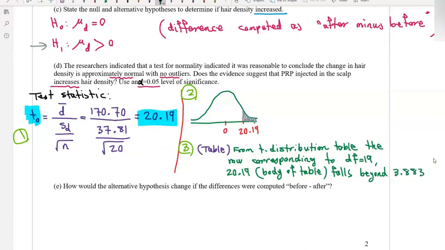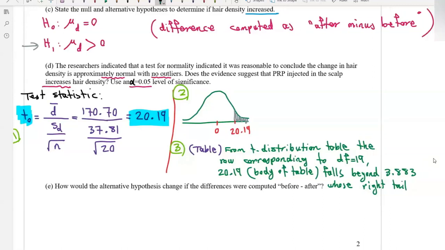And for that, the right tail area was 0.0005.